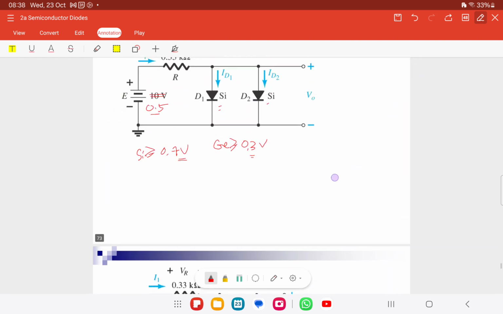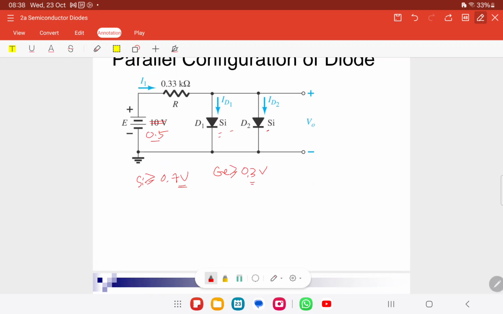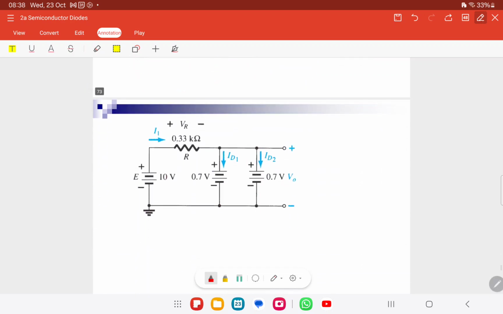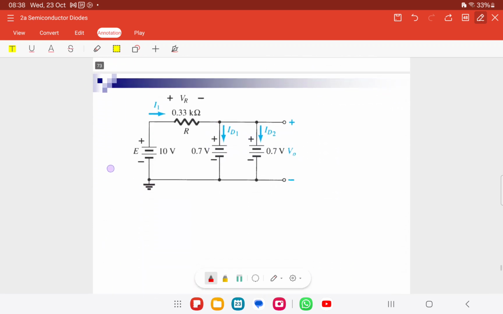Alright, for this circuit, we have two silicon in parallel. So, it is either you can proceed with this circuit to solve, or you can convert into this battery or voltage source. Sama je. Nak lukis balik boleh, tak nak lukis pun tak apa.